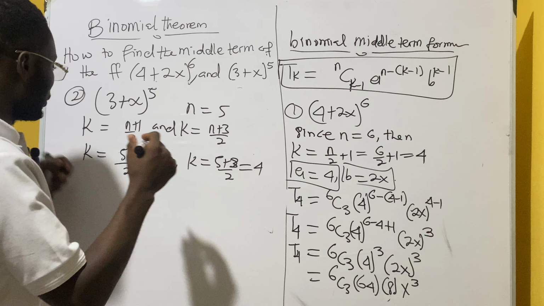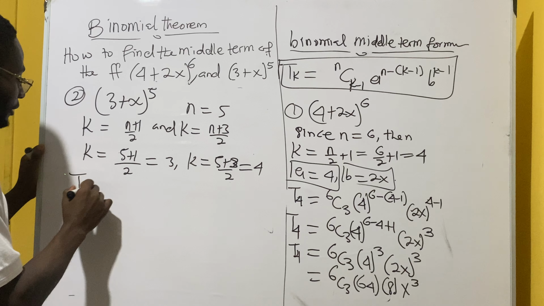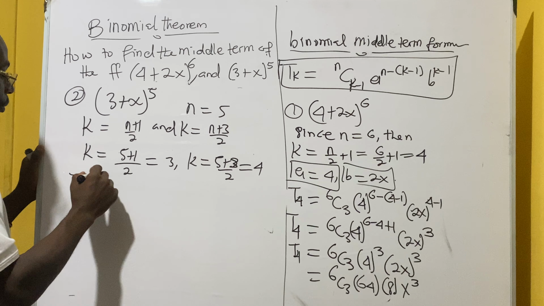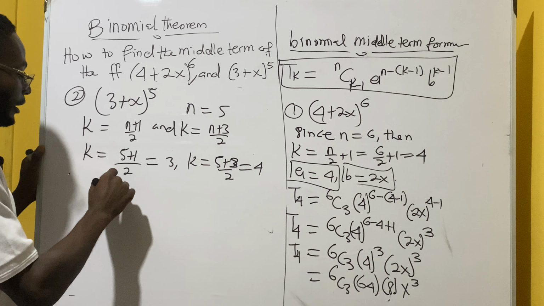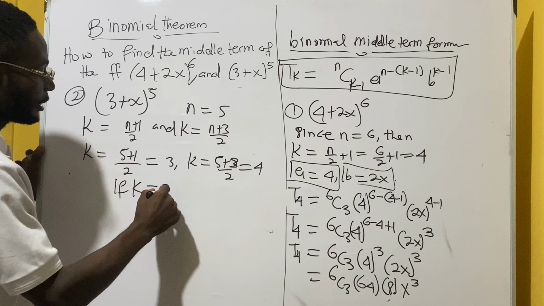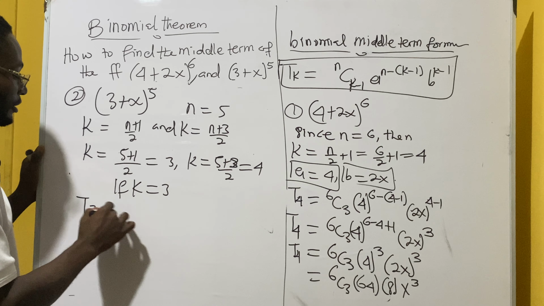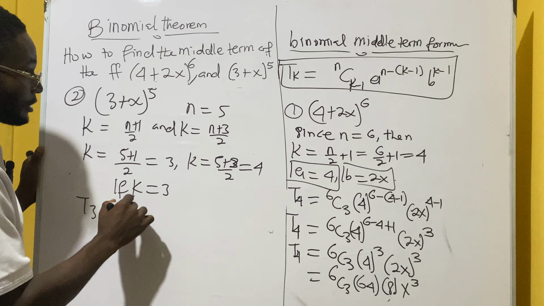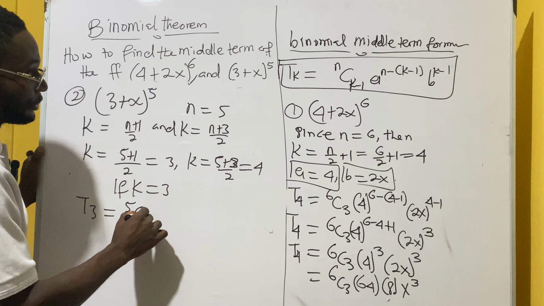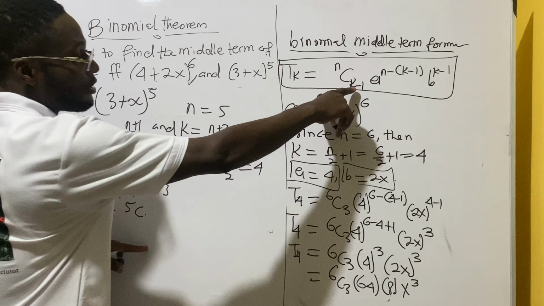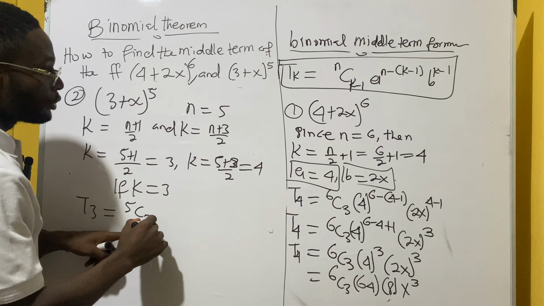If k equals 3, then we are going to have t subscript 3 equals 5 combination 3 minus 1, that is 2.